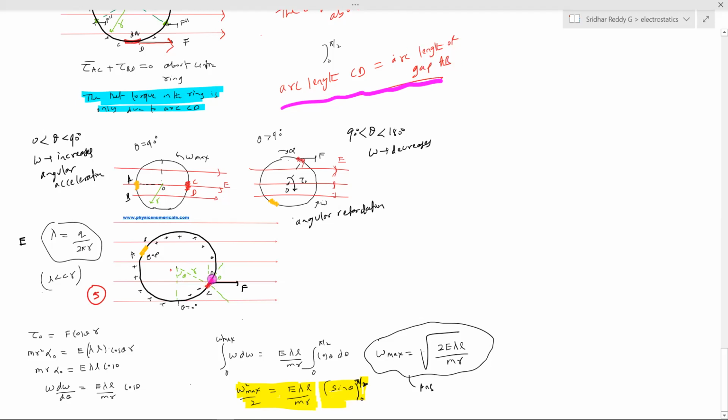So the charge present on arc length CD is lambda L. Therefore F is equal to Q into E, where Q is lambda into L. So R gets eliminated, and we get alpha naught, where alpha naught is omega d omega by d theta, equal to E lambda L by m r, cos theta.